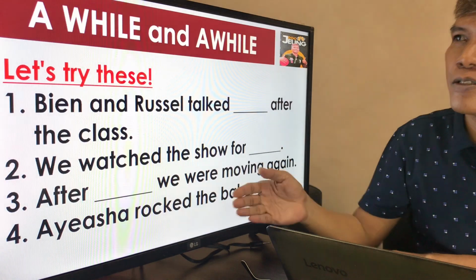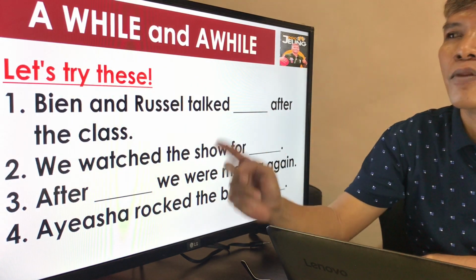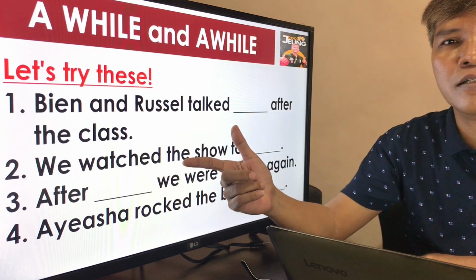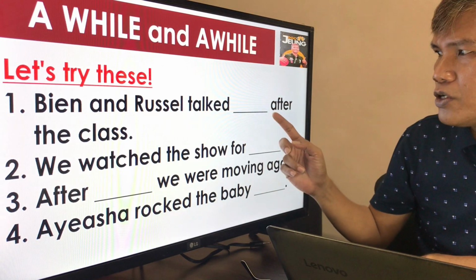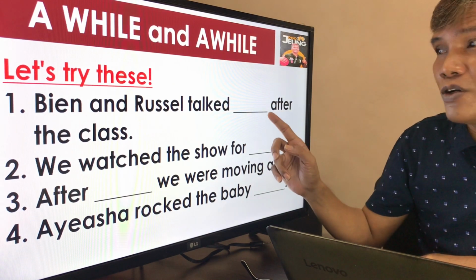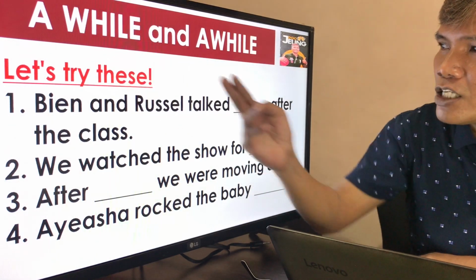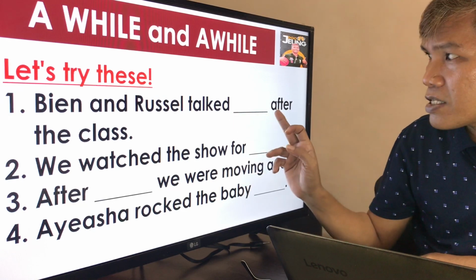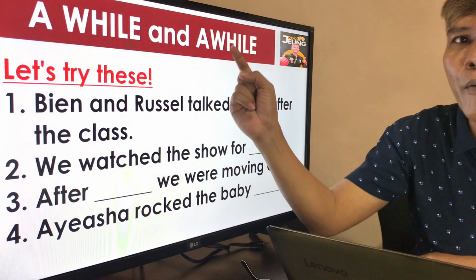What is the correct answer, awhile or a while? Ben and Russell talked blank after the class. Is there a preposition? There is none. There is a preposition, but it is after the blank. We said that a while is placed after the preposition. This is before. So the answer is awhile.